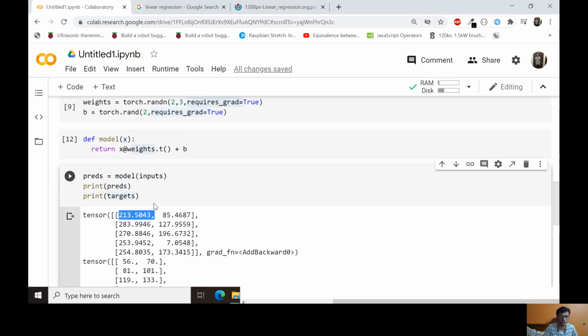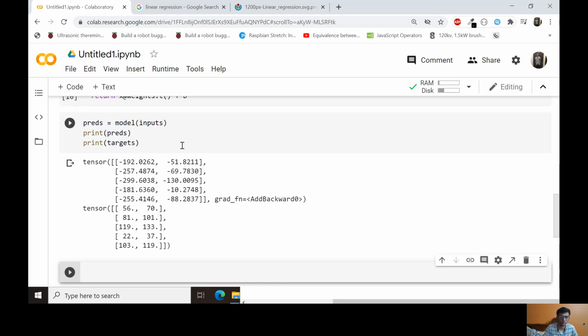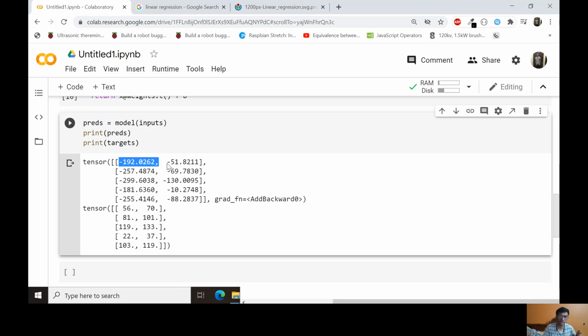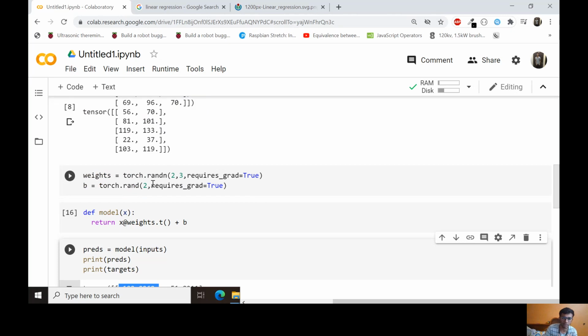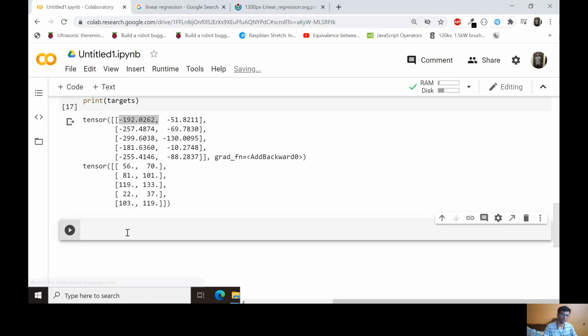Remember this 213. Now if I roll this again, it changes to minus, because it's completely random numbers. We are not doing anything. It's our job to optimize this, and that's where the linear regression gradient descent function comes into the picture.